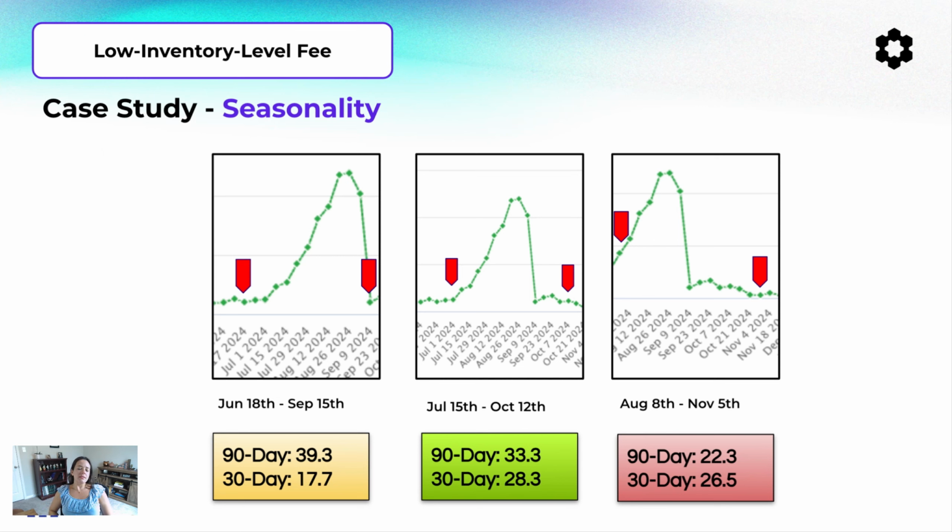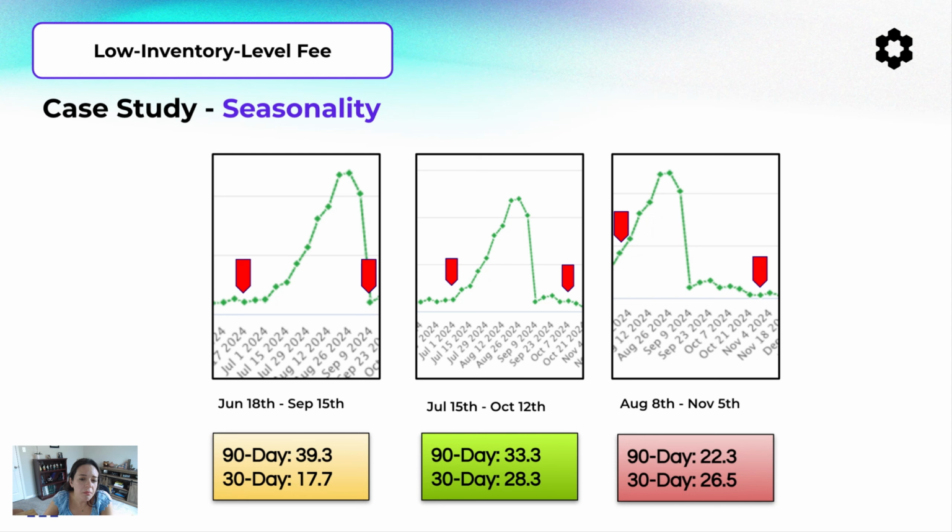For seasonal products, we do have some risks. Between the start and the end of a season, you get into a range that is a bit risky, but because you have a longer range of 90 days, you're going to be kept safe, right? Amazon looks at your short term and your long term historical days of supply, and they're saying, okay, you generally have had enough inventory, so we're not going to fault you.